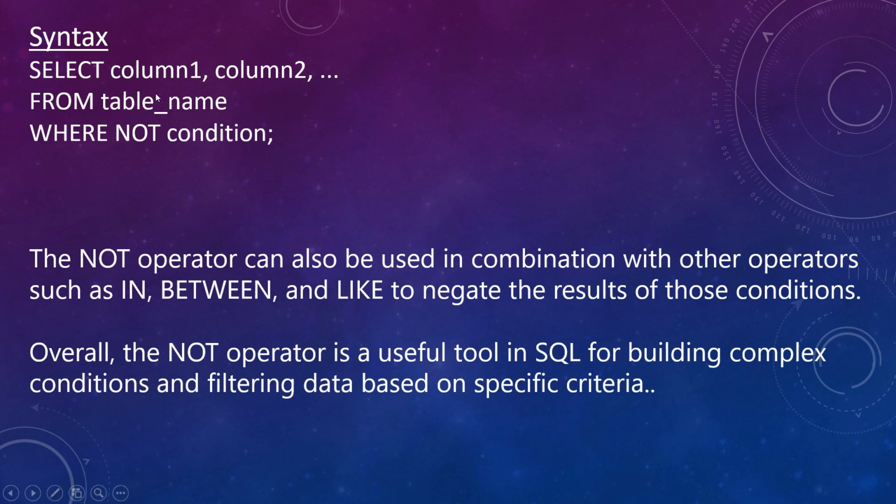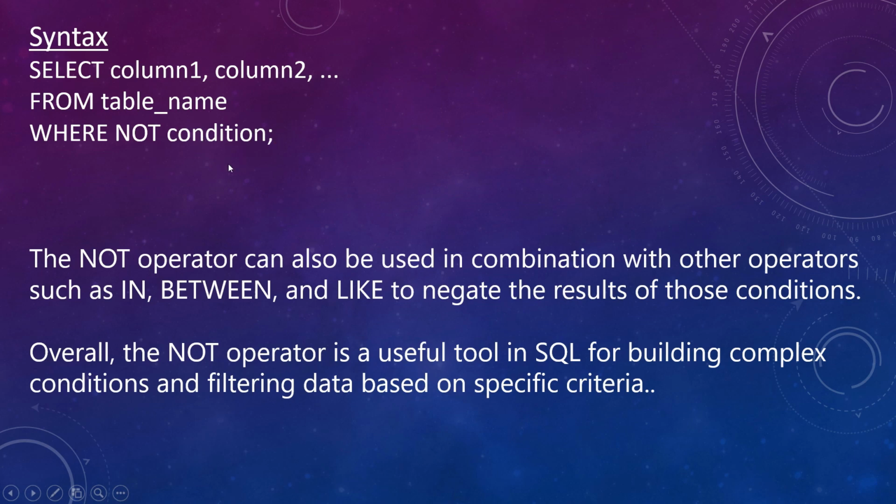Now the syntax. It is: select, then column 1, comma, column 2, comma and so on. So we can write the required columns if we don't want all the columns, and if we want all the columns we write star, then from, then the name of the table, then where NOT, and then the condition.